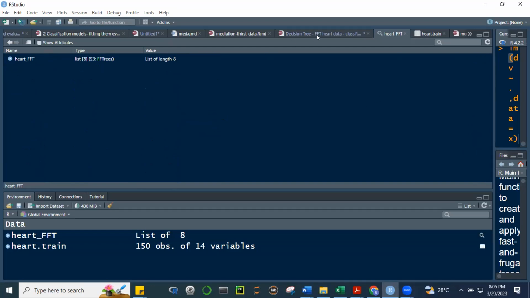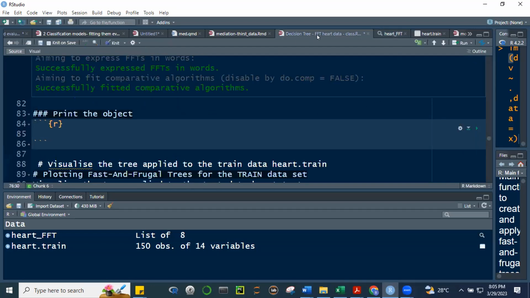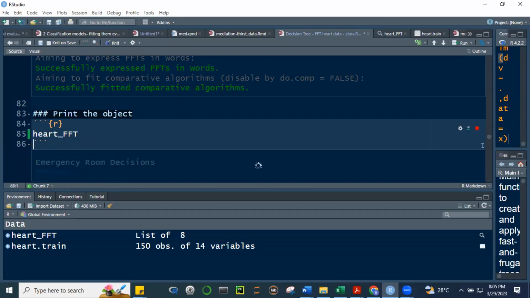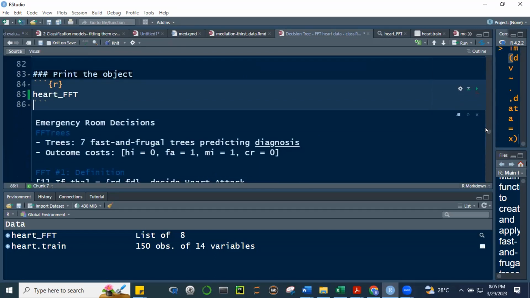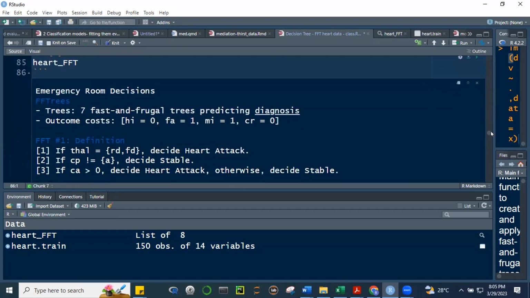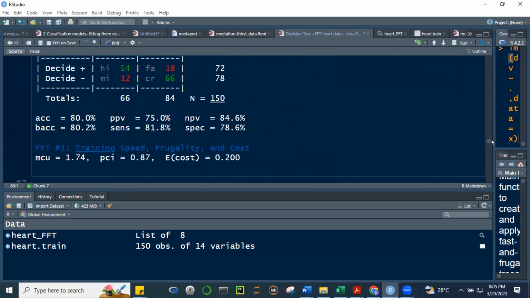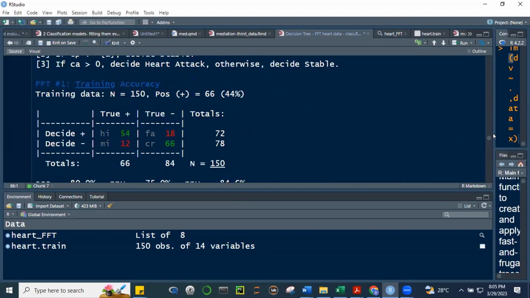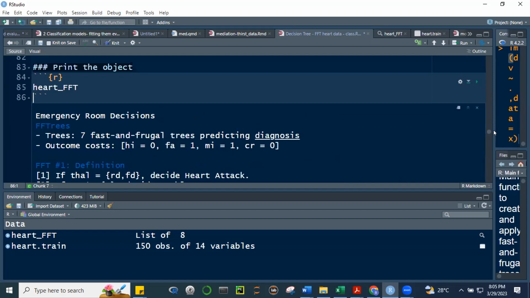Okay, let's take a look at what's inside. Let's print heart_fft. All right, let's print. So what do we have here? When we printed, look at the class. Here is Emergency room decisions, our title, using FFTrees.